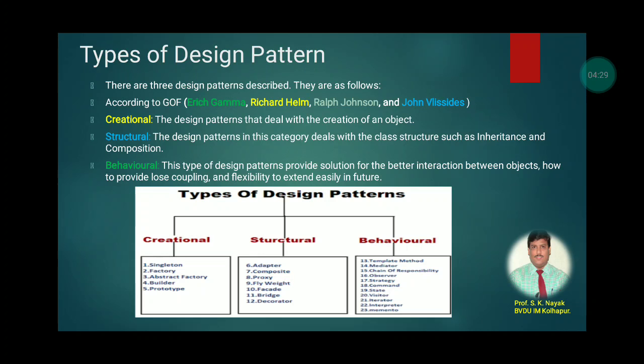Similarly, in creational design patterns, each and every time we have to create objects in a different manner. Whenever we are going to create any system, object, class, or any instances of a particular object or class, if you are going for creation, then we have to use the 5 design patterns: singleton, factory, abstract factory, builder, and prototype.